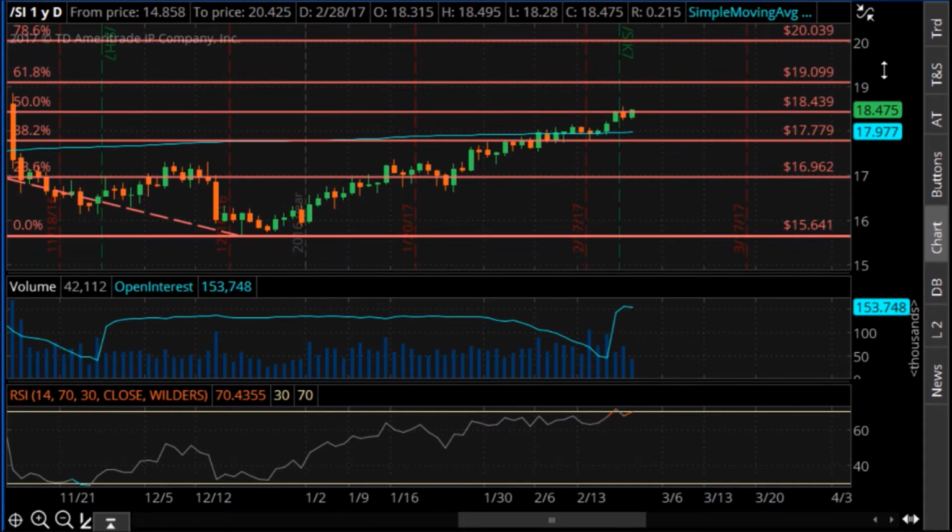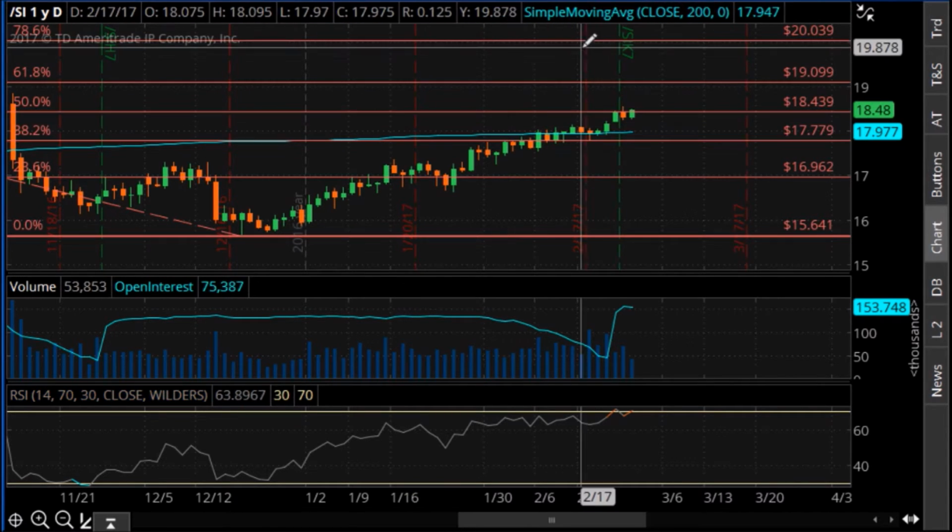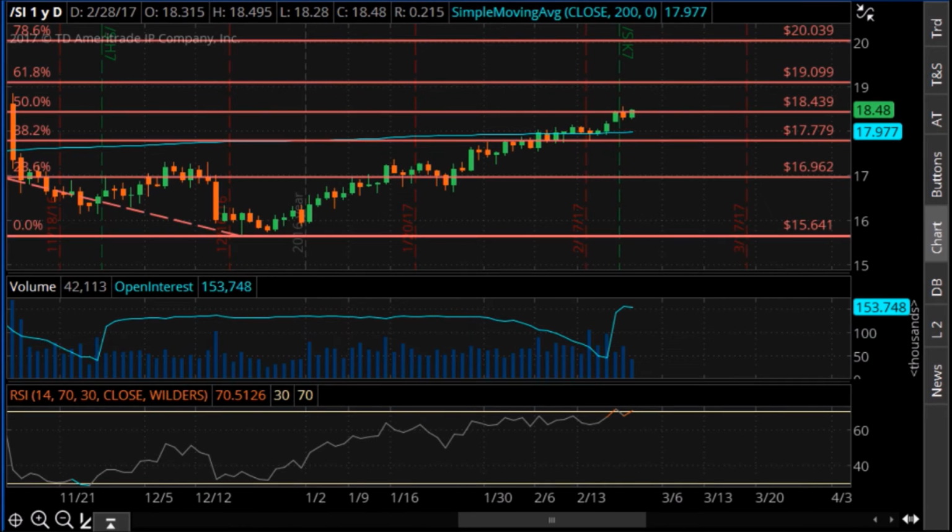Being able to accomplish that target and closing above it puts into perspective 20.04, which is the 78.6% retracement of the entire move from August, September of last year. Now, this validates for us two indicators.